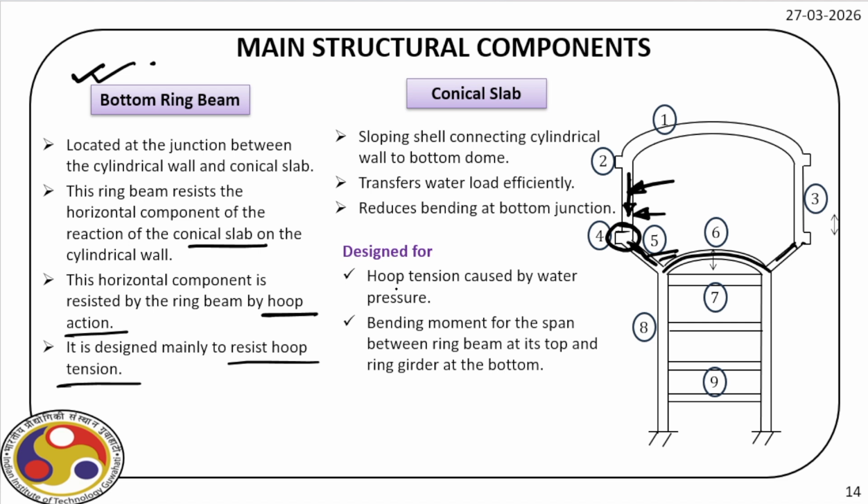Now again, it is designed for hoop tension caused by the water pressure, and then obviously here we will have some amount of bending moment for the span between the ring beam at its top here, which is number 4, and the ring girder at the bottom. So here we have a girder and there we have a ring beam. So in between that, it will try to bend. So there will be a bending action.